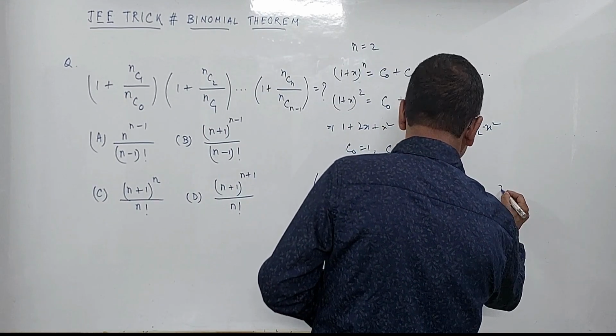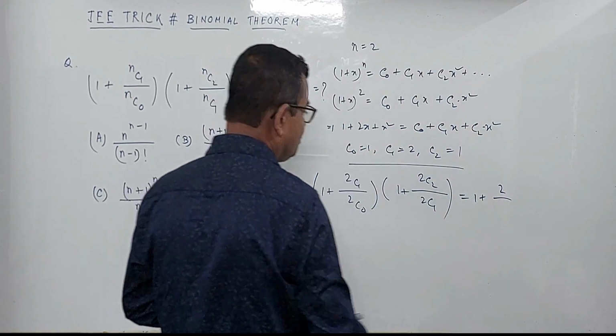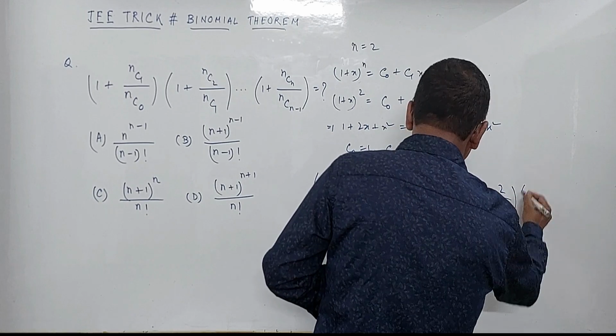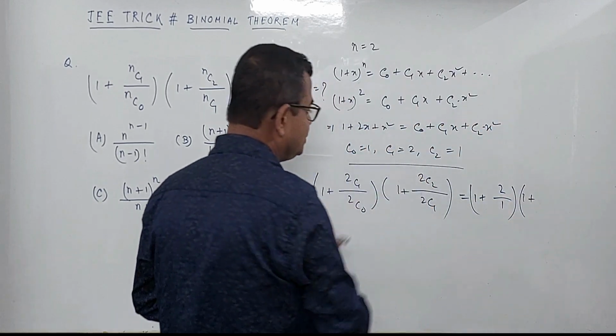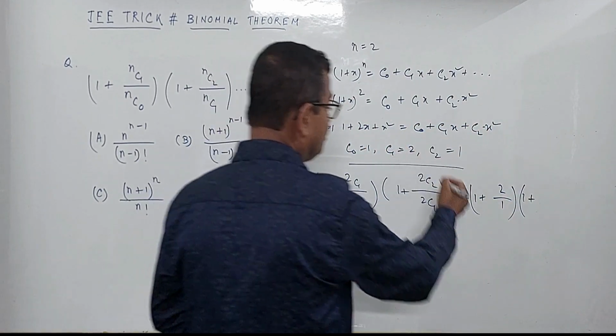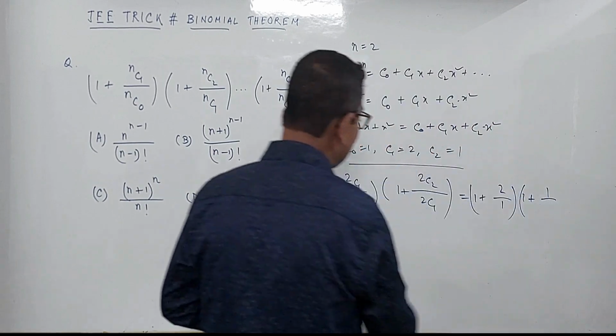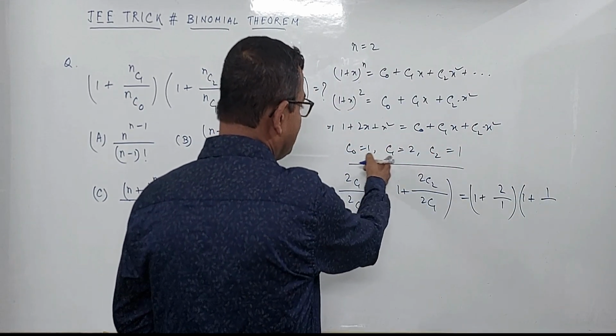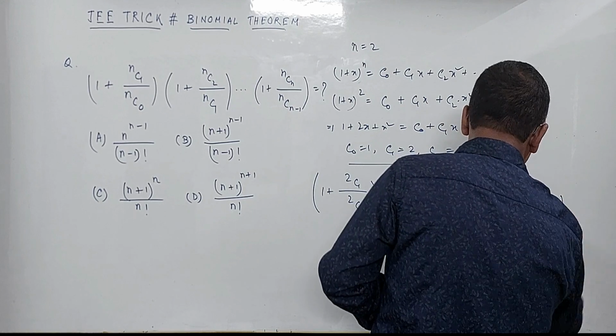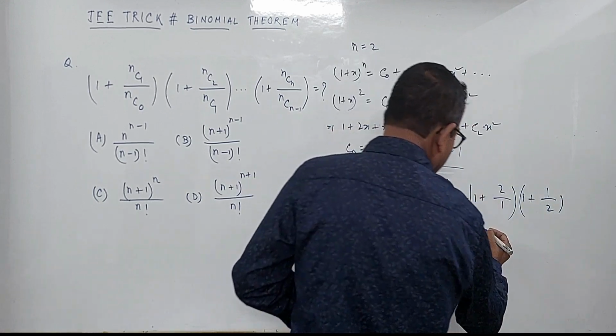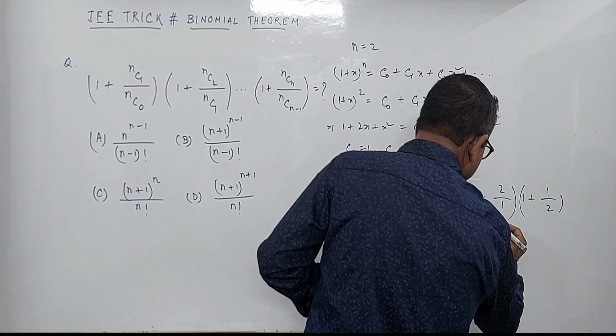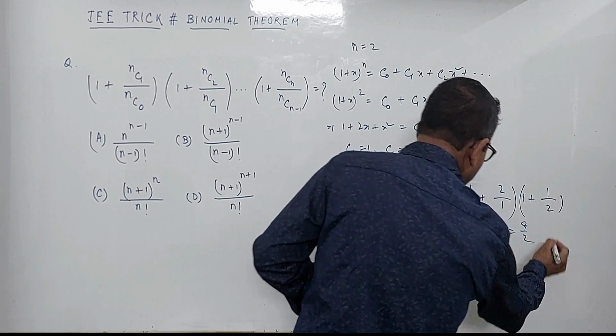So 1 plus 2 by c0, that is 1, into 1 plus 2C2, that is the value of c2 is 1, by 2C1, that is the value is 2. So we get 3 into 3 by 2, so we get 9 by 2.